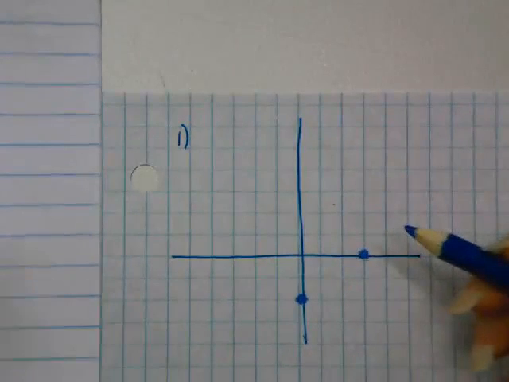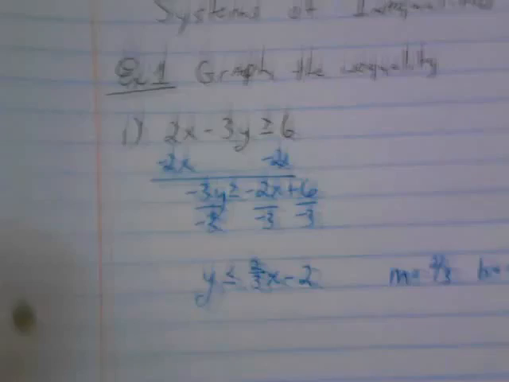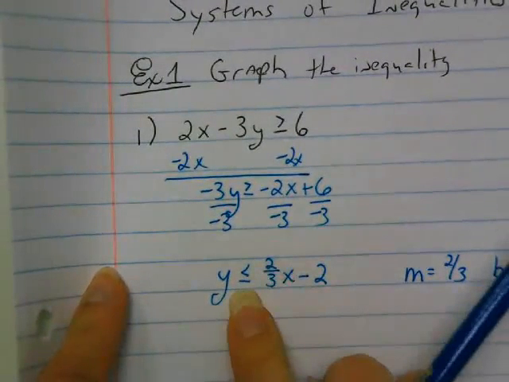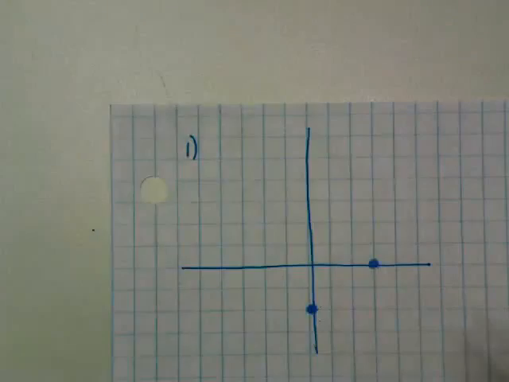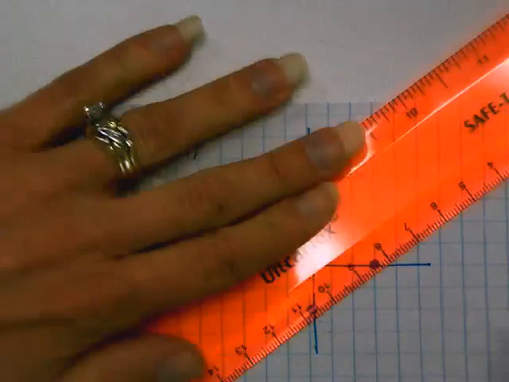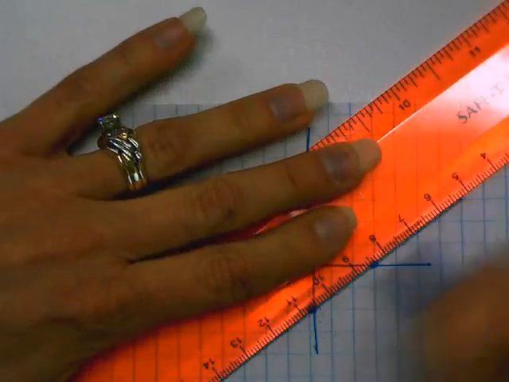Now you've got a couple of questions to ask yourself. One question is, is the line dotted or solid? You'll know that based on your inequality. Because this is less than or equal to, anything on the line is part of a solution, so I'm going to draw a solid line.